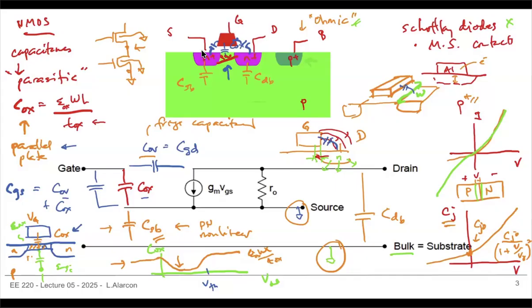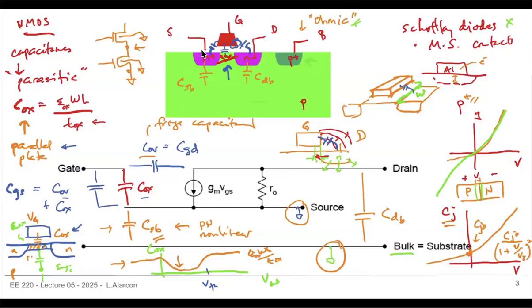However, it's going to be a nonlinear cap because the bottom plate is changing. Either you have no channel, you have accumulation, or you have an actual inversion channel, or anywhere in between. That affects the value of that oxide capacitance.